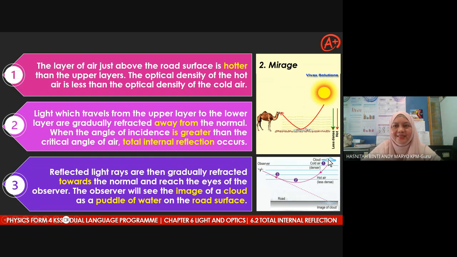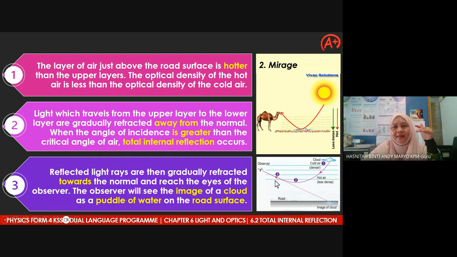The idea is the light ray travels through air of different density, from denser cold air to less dense air, so it refracts away from the normal. Then the angle of incidence increases. When finally it reaches one point where the angle of incidence is greater than the critical angle, total internal reflection occurs.